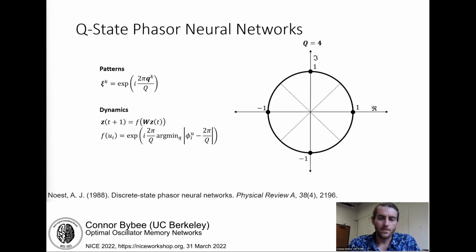This is the same as phase shift keying in the communications literature. Here I've shown QPSK, or Q equal to 4, in these Q-state phasor associative memories. Learning is still the same as the complex outer product, but the activation function now is different. The activation function quantizes the phase of the presynaptic input to the closest phase angle on the unit circle.